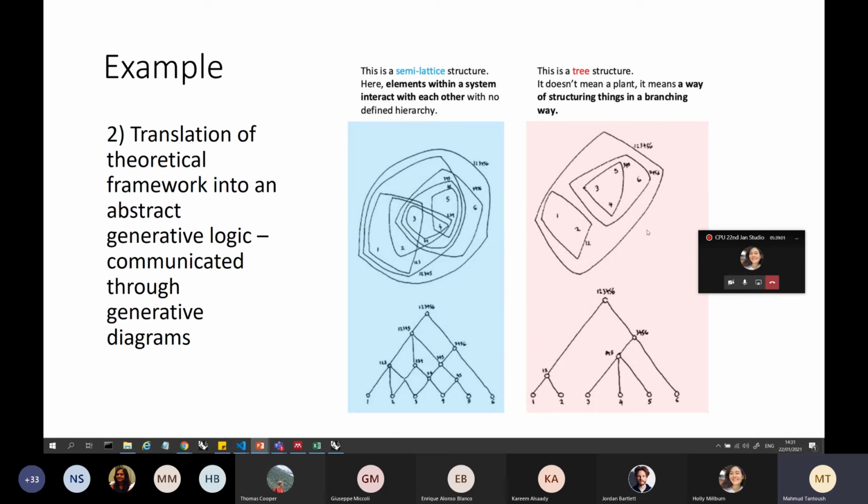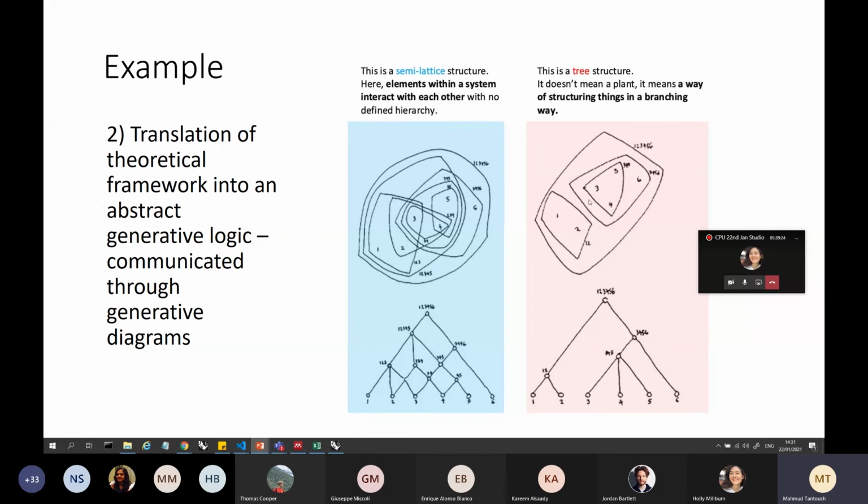Whereas here, the wrong way of doing things is a tree structure, branching out. This designs in a way where elements interact with each other, so this system is a lot more resilient and capable of change than the one over here.